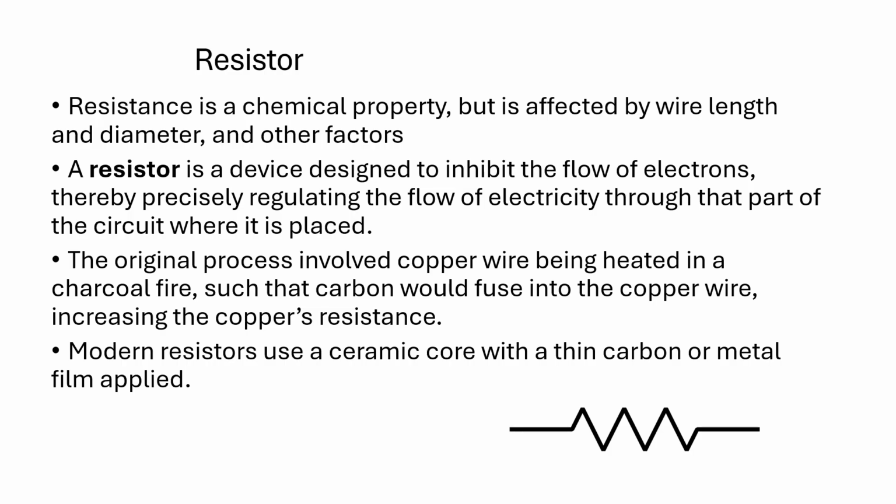When the copper starts to get warm, the copper atoms start moving around and jiggling and creating space between themselves, and the carbon from the charcoal can actually weed its way into the copper metal and create an impurity.